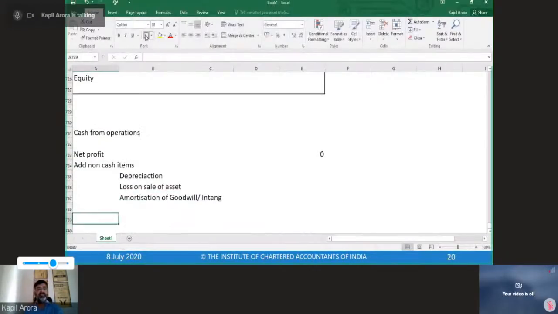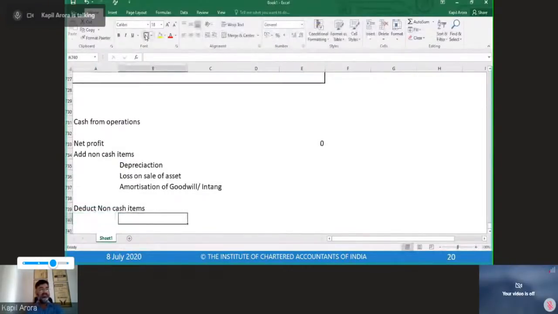And we then deduct non-cash items which were income in the P&L, like profit on sale of asset.